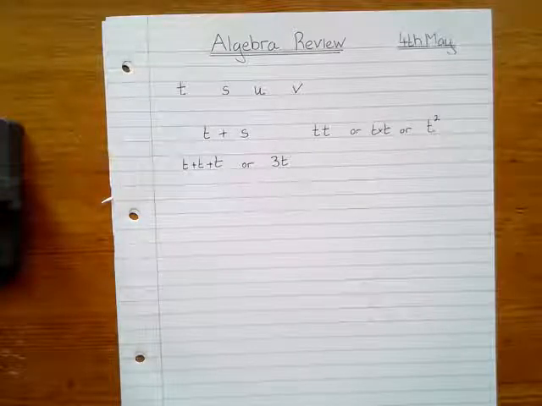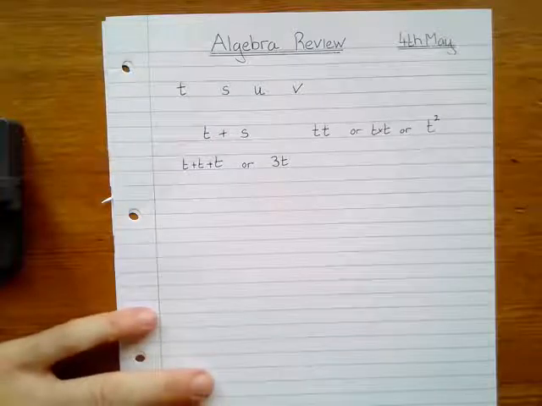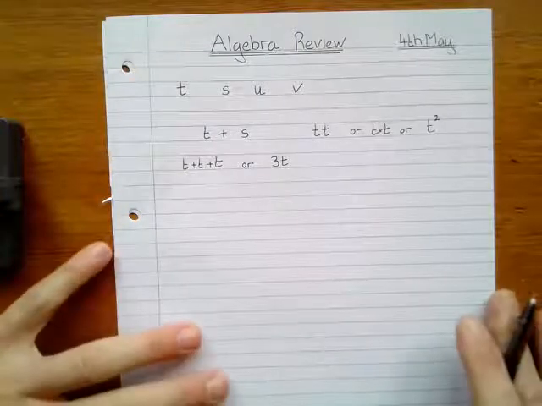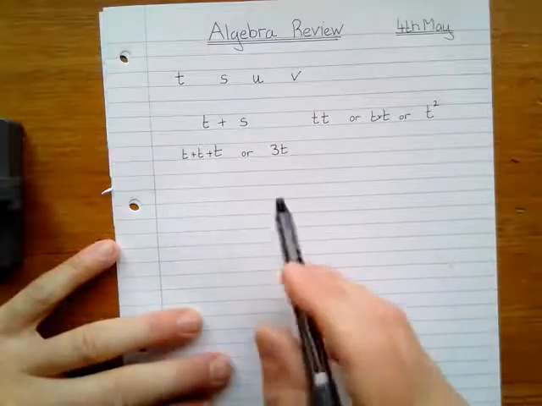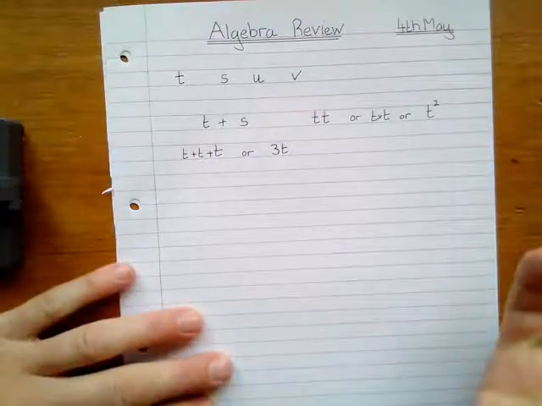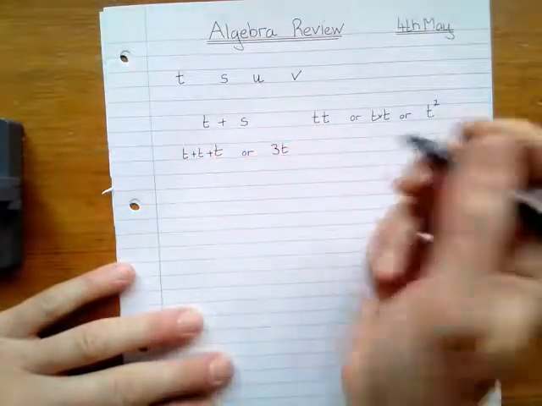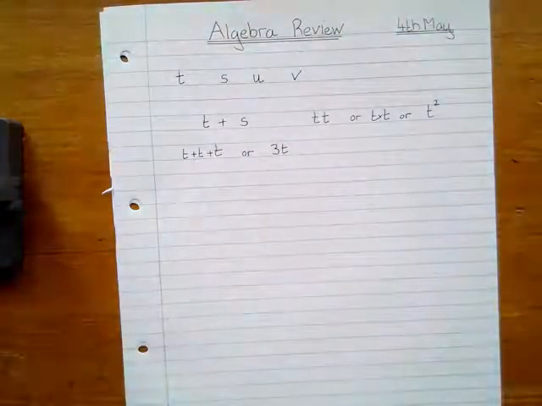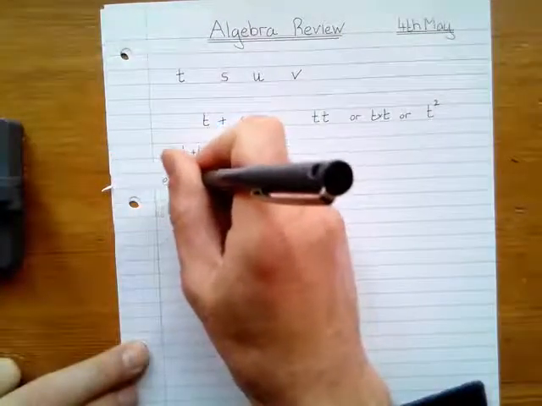Okay, so what do you need to know? Well, for today's lesson, you need to know that when we write algebra, we write it using letters, as we've said. And if I was to write down something with algebra in it, let me just put a little heading here.